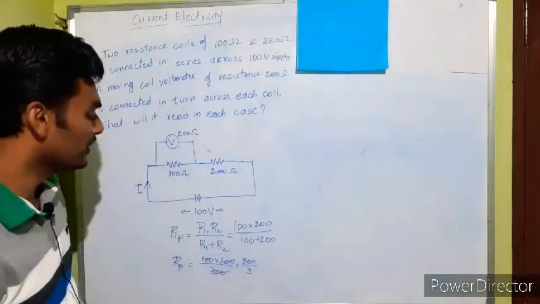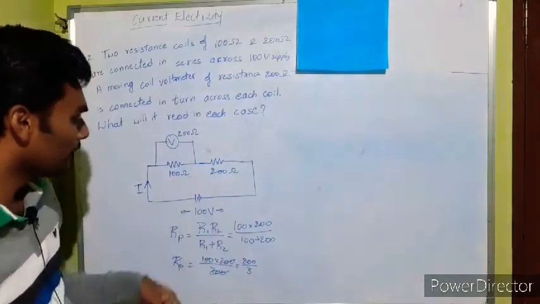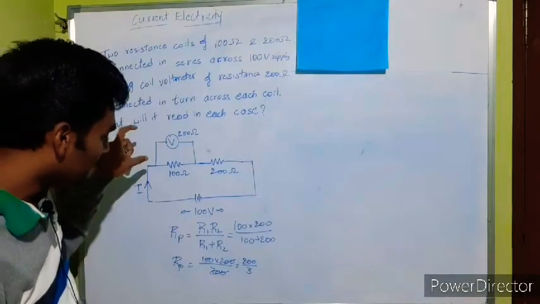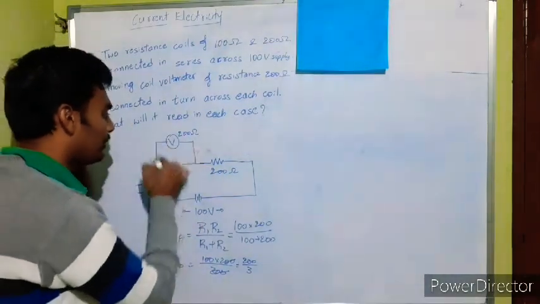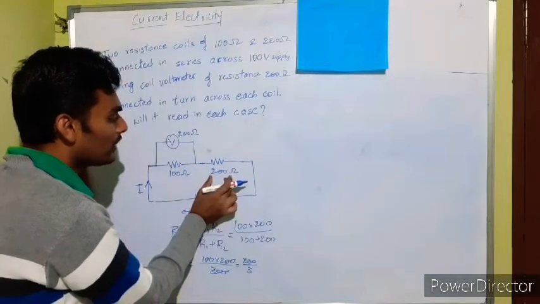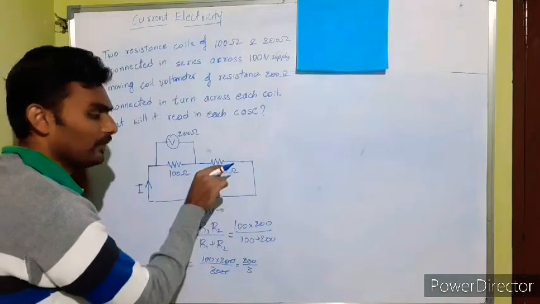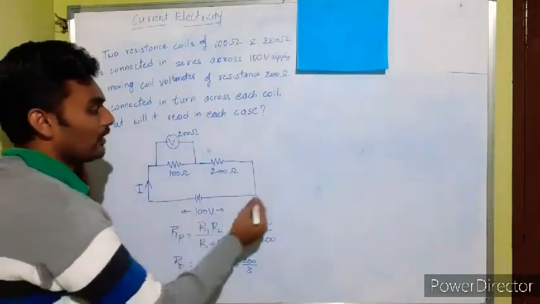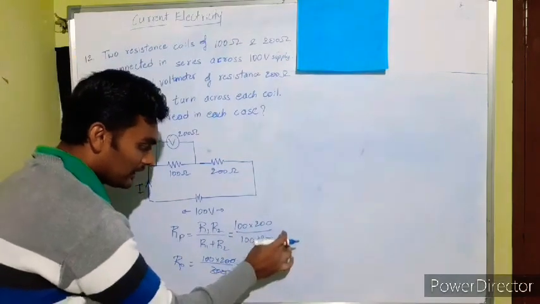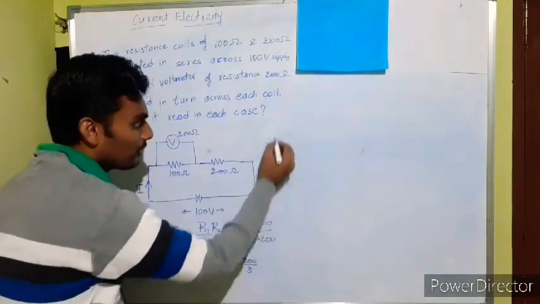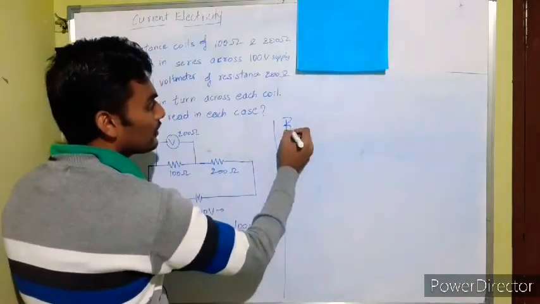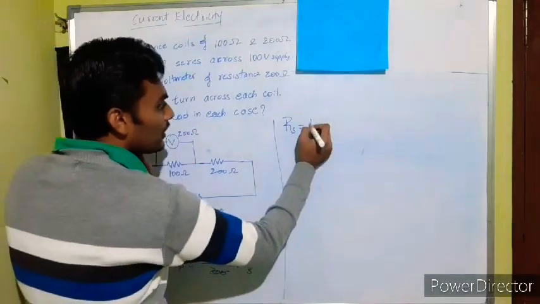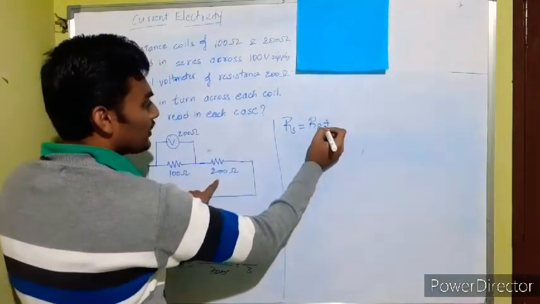You can simplify it. It will be 66.666. So this is the resistance here, and with this effective Rp, we have one more 200 ohm resistance connected in series. Because if I want the total current, I want the total effective resistance. In the reference they have directly added that here, but I'll do it separately now. So Rs finally is equal to this Rp plus this resistance.